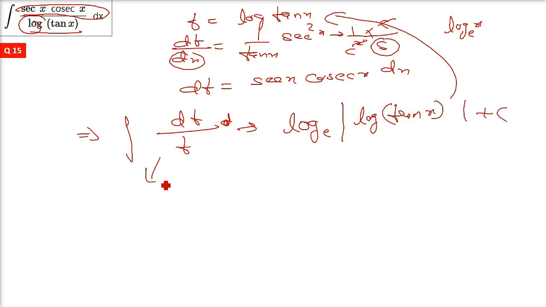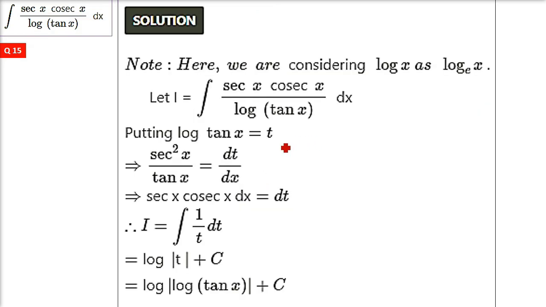This is your answer. So the direct answer, I just removed one step, which is that integral of dt by t is log modulus t plus c. Then we go to that answer. So this is what we were talking about, right?